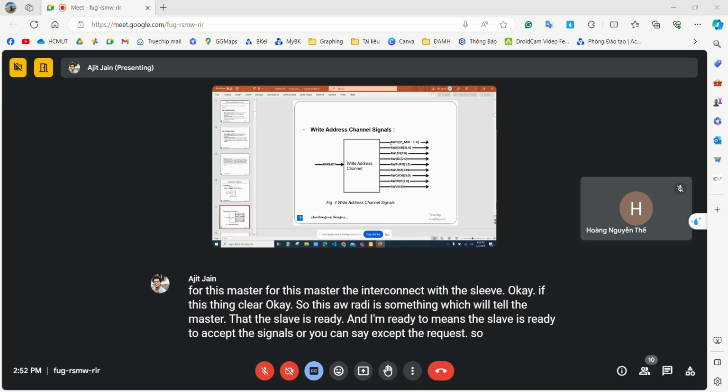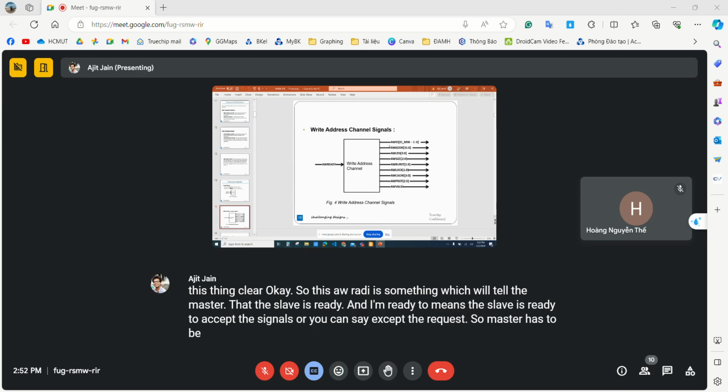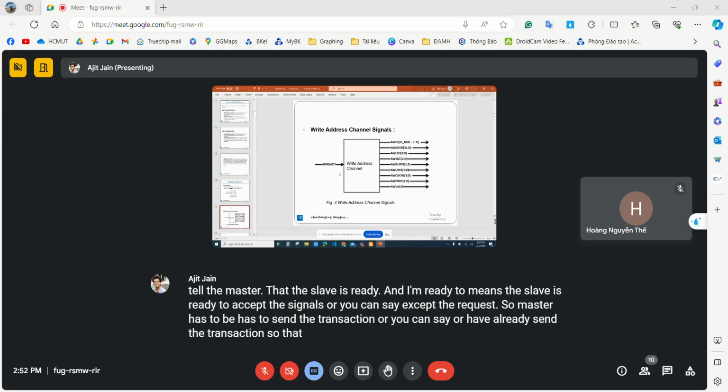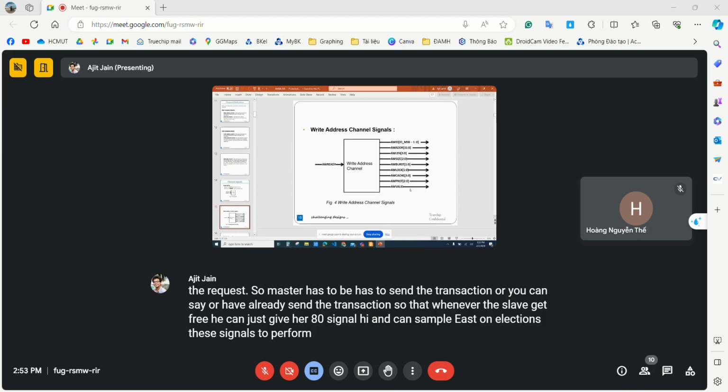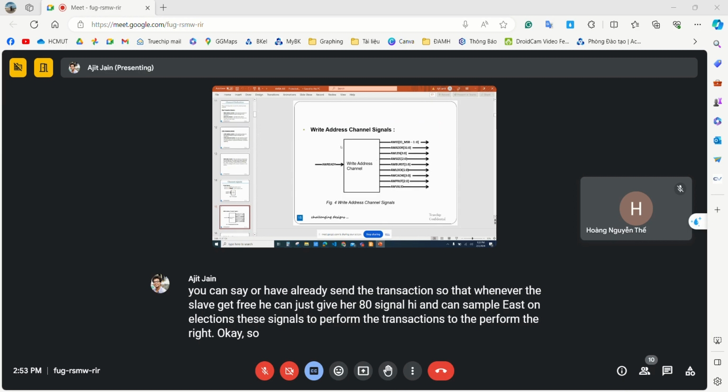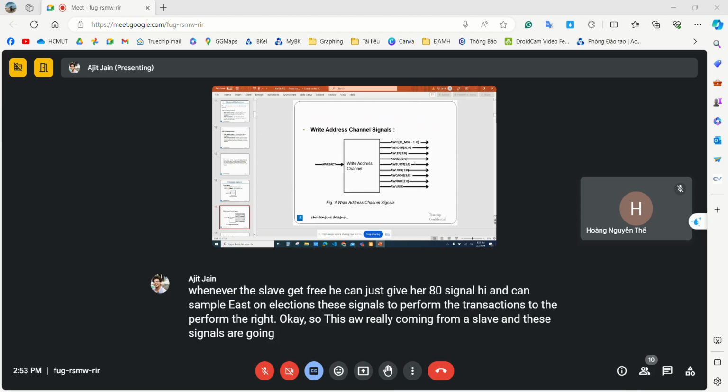So master has to send the transaction, or has already sent the transaction, so that whenever the slave gets free, it can give a ready signal high and sample these signals to perform the write or read. So this AW ready is coming from a slave, and these signals are going from master to slave.